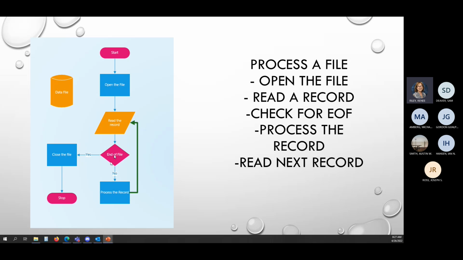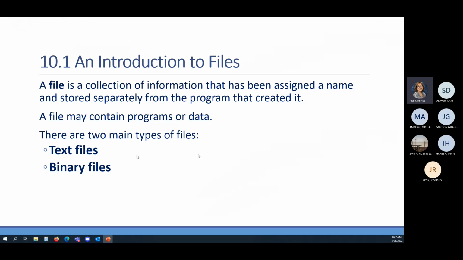We'll check to make sure we got a record. If we did, we'll process it. So our control, our flow is just a looping process looking at each record in our file, kind of like we would look at each row in an array as we're processing a list. So those looping type things.